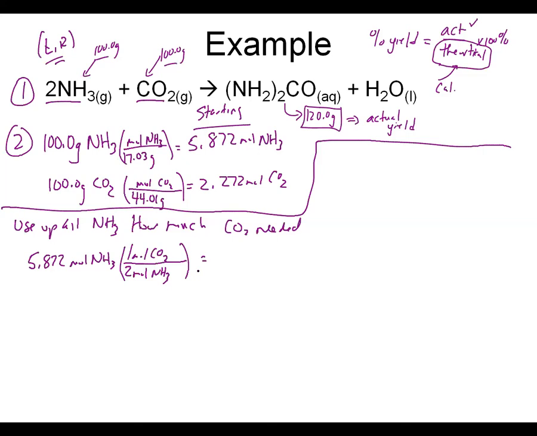And if we divide that number by 2, 2.936 moles of CO2 is needed. So again, at this point, we want to compare how much CO2 we started with to how much we needed.